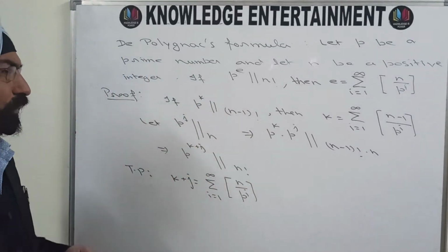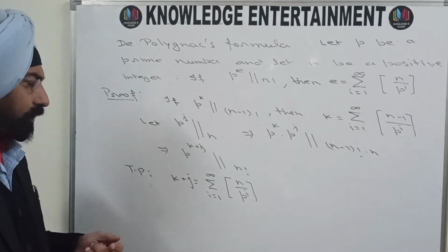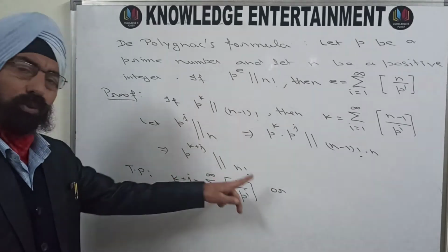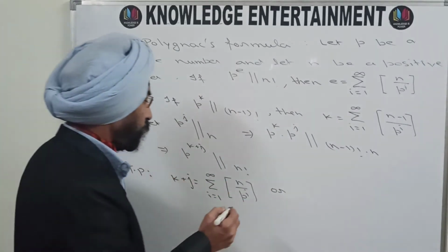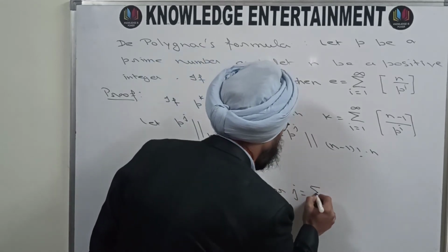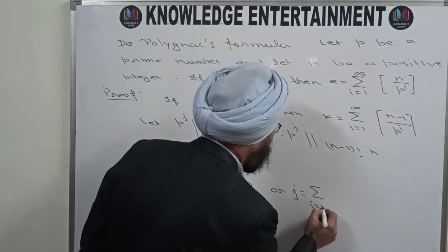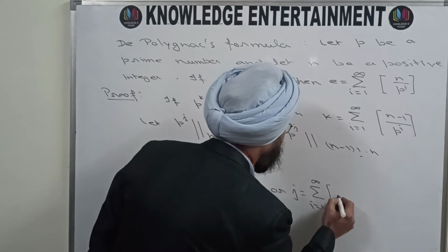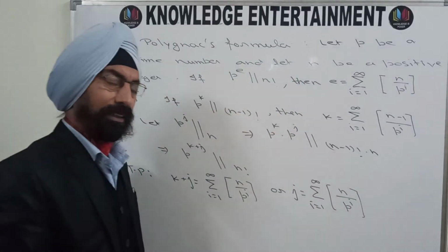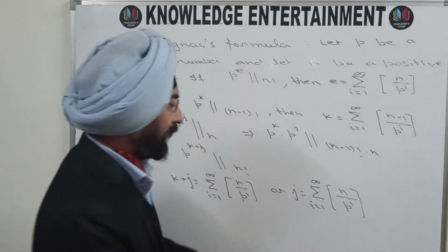Or taking this k to the other side, you are to prove that j is equal to sigma i varying from 1 to infinity of the greatest integer of n upon p raised to the power i, minus k.